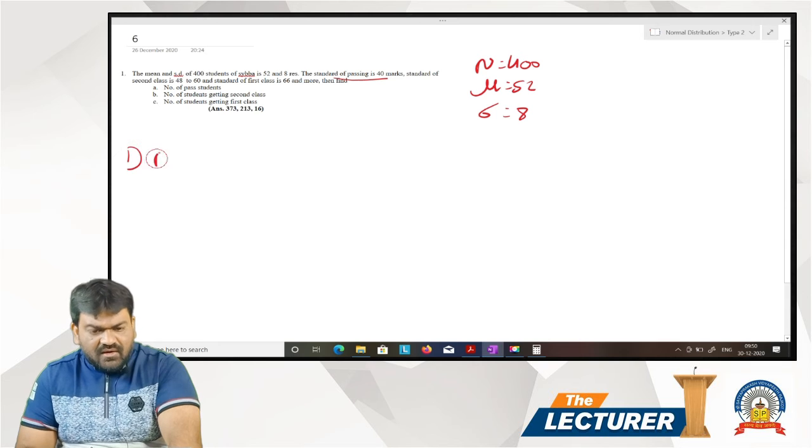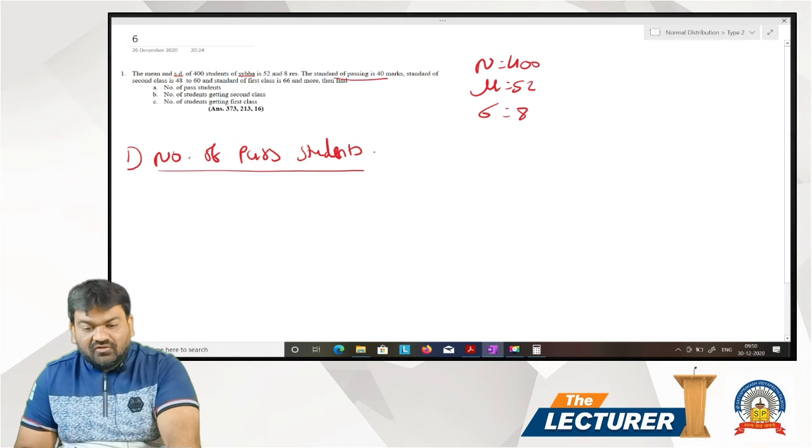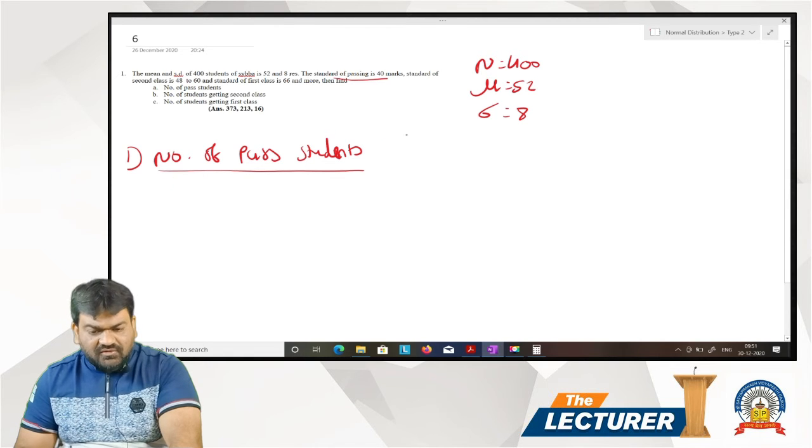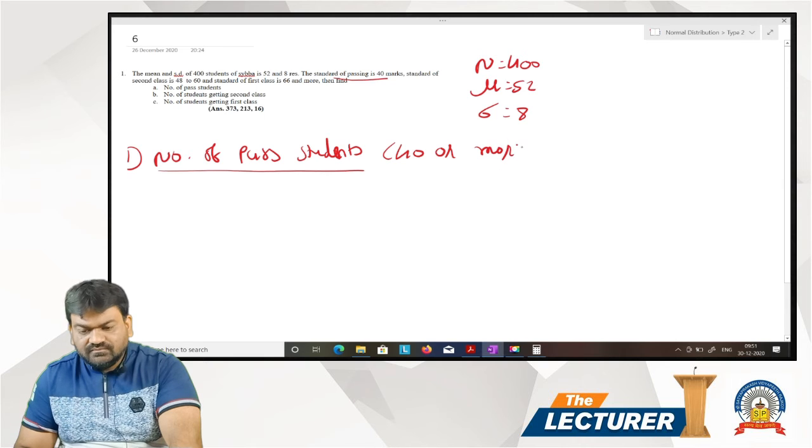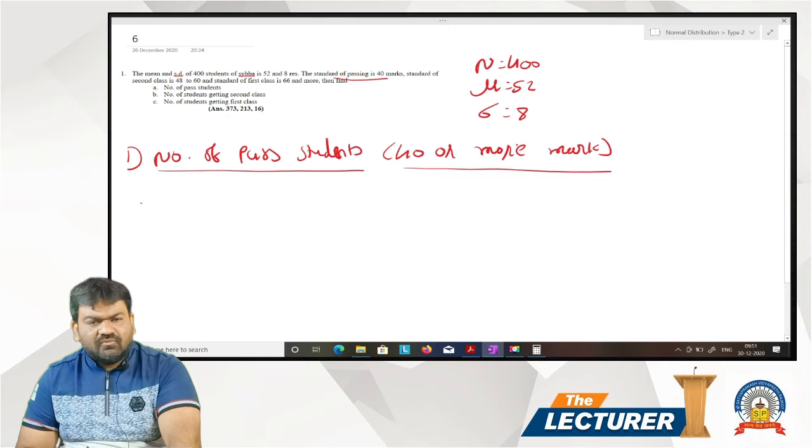First question, number of pass students. The passing criteria is 40 marks, so anybody having 40 or more marks is pass. So our condition is students getting 40 or more marks, then and only then he or she is pass.